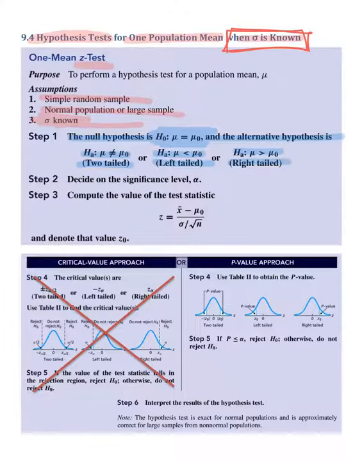Additionally, the textbook gives step 2, make sure what the alpha is. Alpha will always be given. So make sure what alpha is, and then take the test statistic.